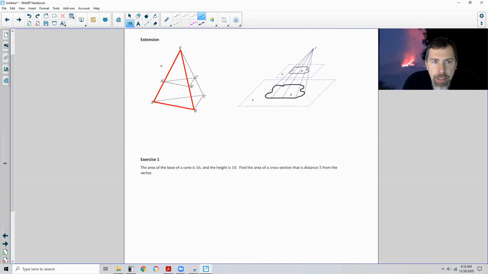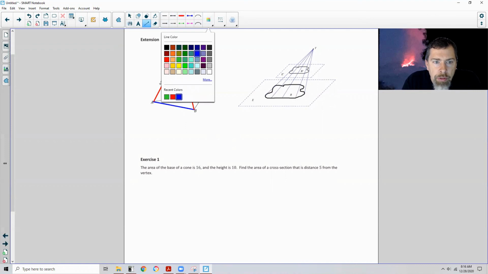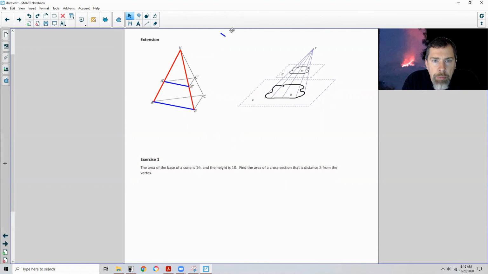Okay, so let's change the color of the base now to blue. And we want to take that to this line. So we're comparing AB to A prime, B prime.